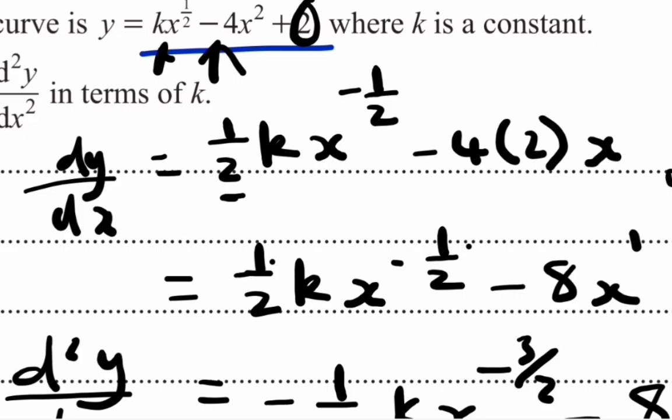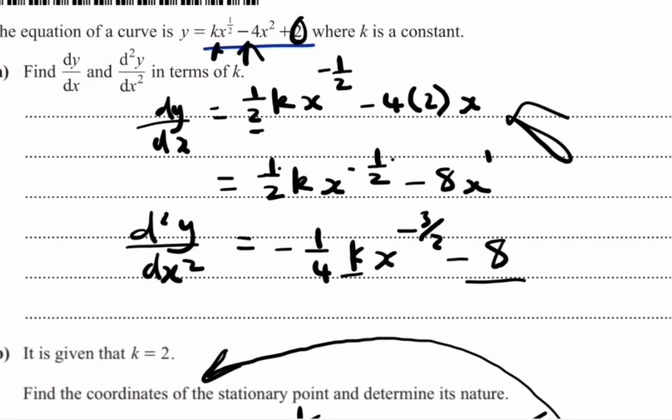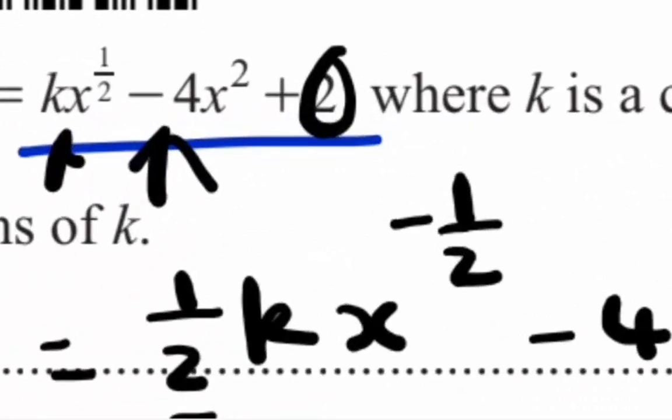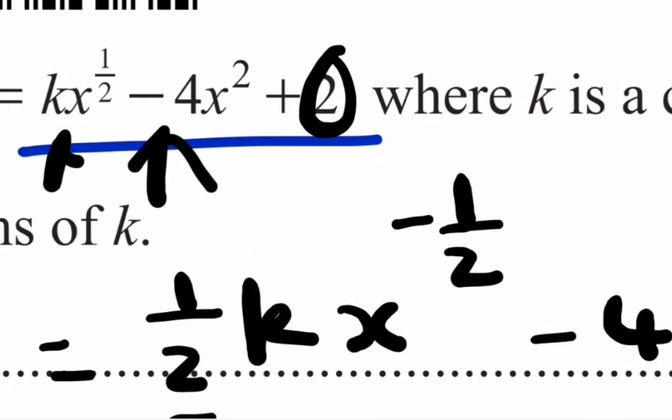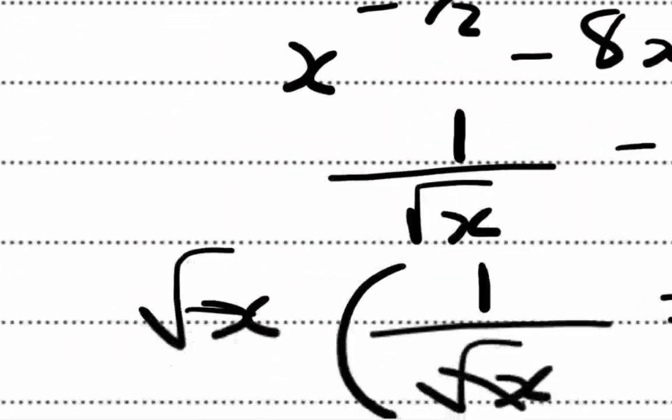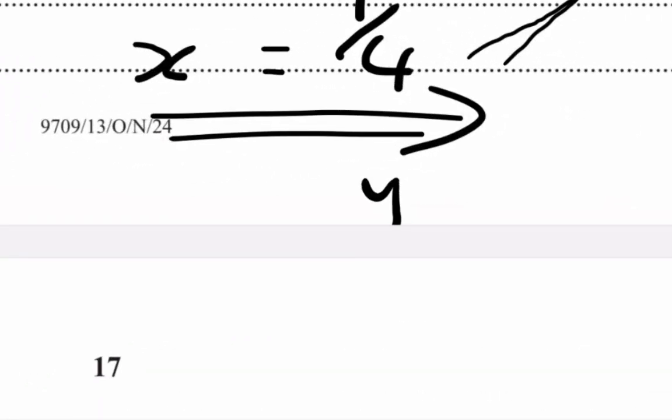So k is 2, and we know x is 1 over 4, so just going to substitute it there. 2 times 1 over 4 to the power half, minus 4, our x is 1 over 4. This time we are squaring it, plus 2. That is giving us our y to be 2 3/4. So y is 2 3/4.